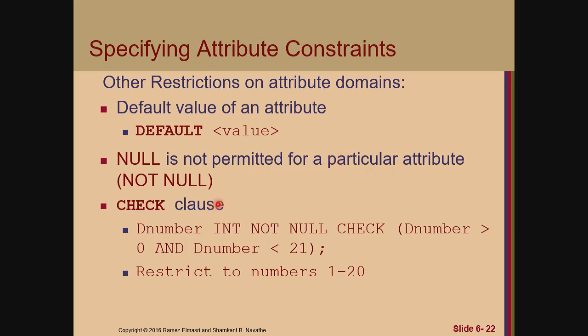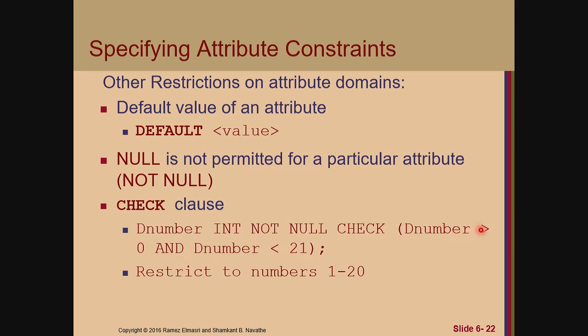And moreover, we can check. We create more details about the conditions or constraints for the table. For example, D number, department number, is integer, right? Cannot be null. And moreover, check that D number is more than 0 and D number is less than 21, right?